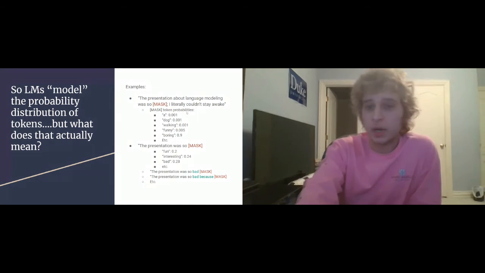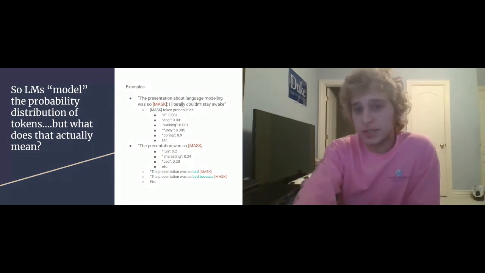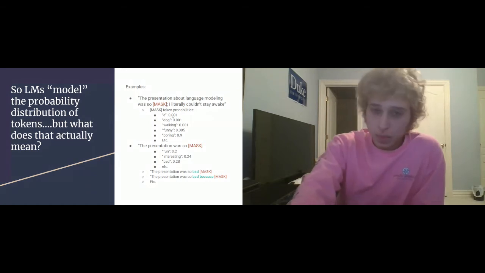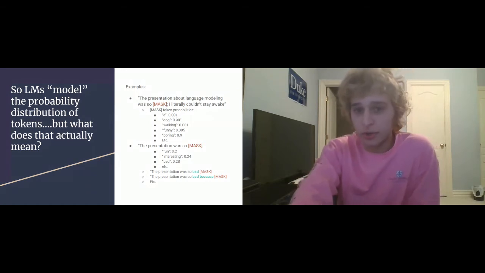Now, what our language model will do is take this sequence of tokens as an input, and its output will be a probability distribution over all of the tokens in its vocabulary. Here is just a set of five that I randomly came up with.